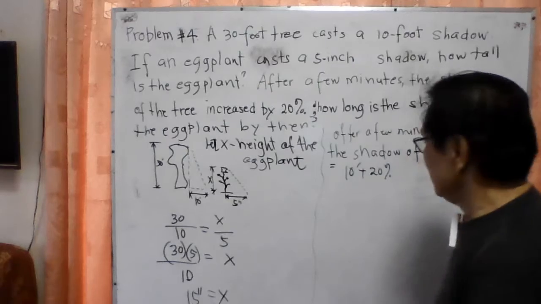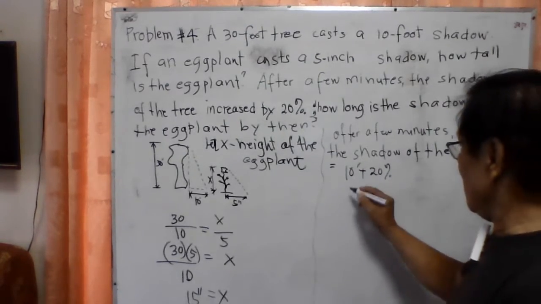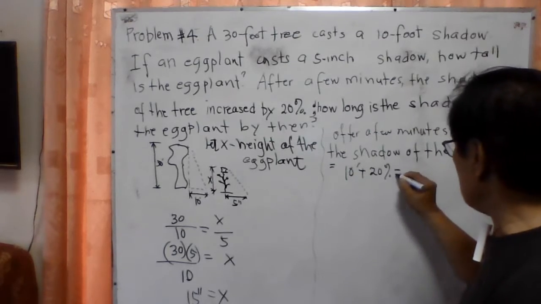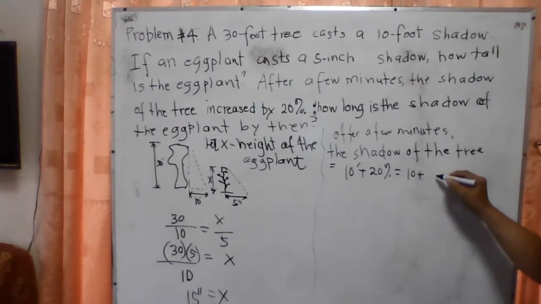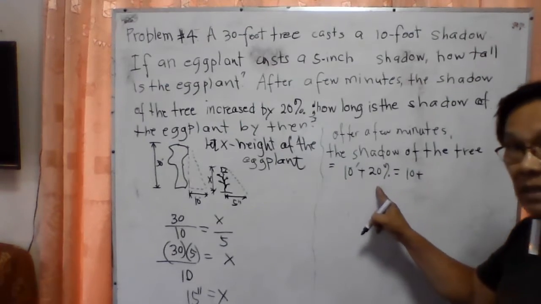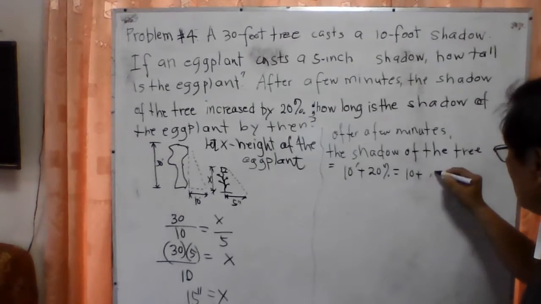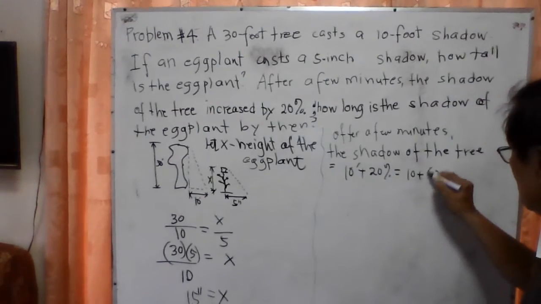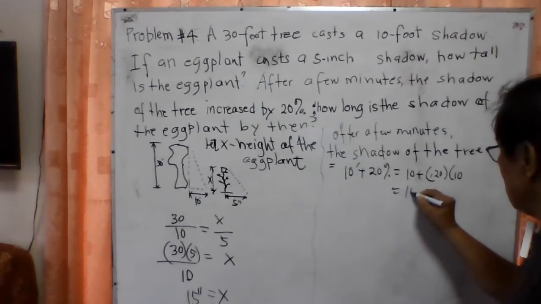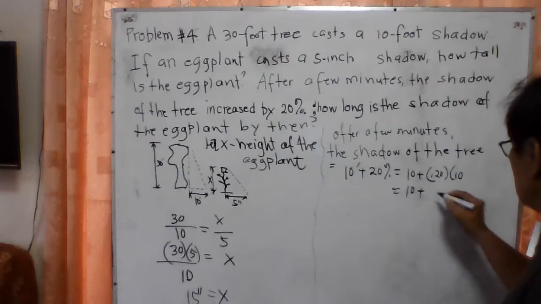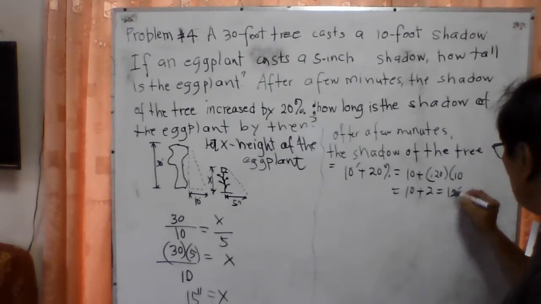Okay? How do you do that? There are two ways of doing that. You have equals 10 plus 20%. 20%, by the way, in decimal is 0.2. 0.2 times 10 equals 10 plus 2. Then you have now 12 feet.